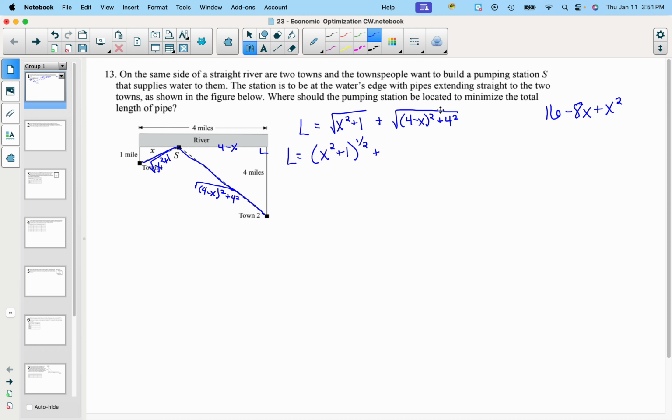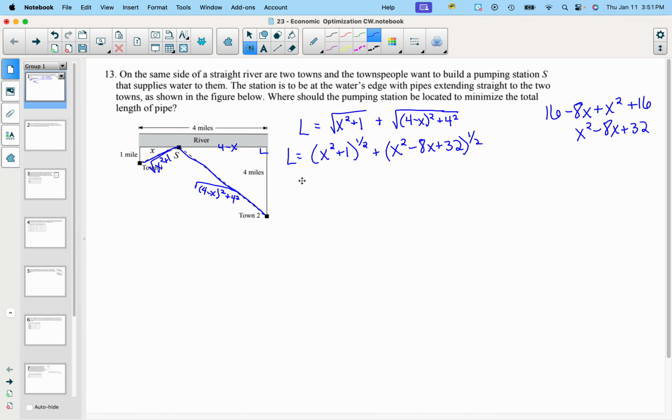If you FOILed this, you would get that, plus 16. So I get x squared minus 8x plus 32. So that's what that simplifies to. So I'm going to use that, x squared minus 8x plus 32 to the 1/2 power. So that's just setting it up.